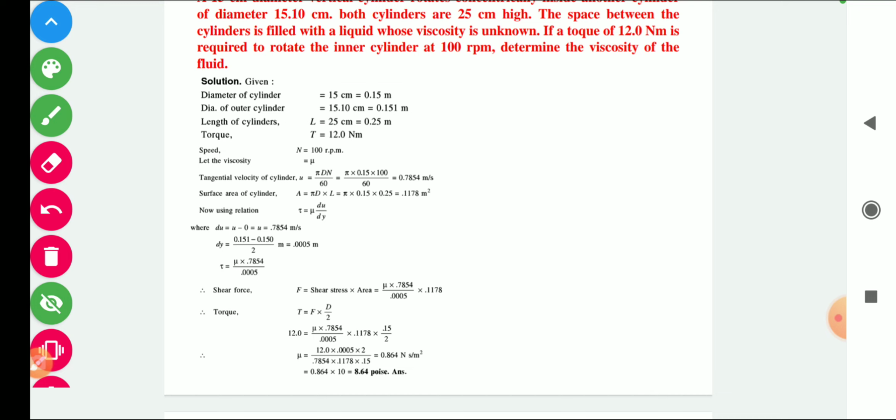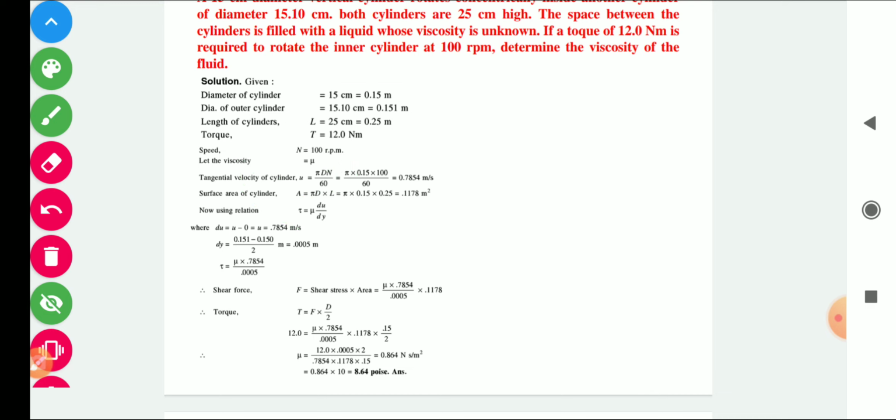With the help of this rpm and the diameter, we can calculate the tangential velocity. This tangential velocity is equal to pi d n upon 60. Here d is the diameter of the cylinder and n is rpm.